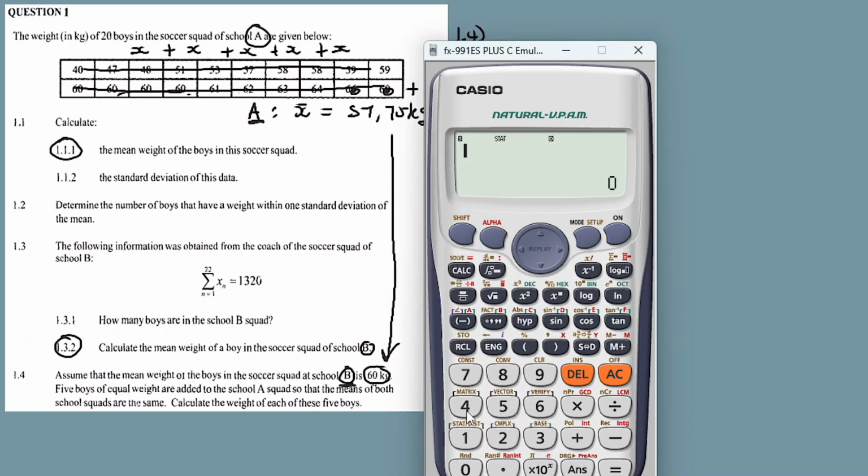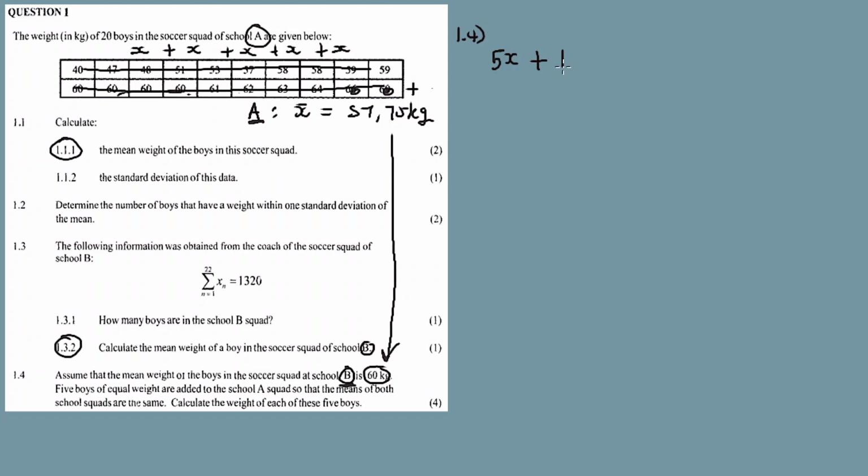Shift, stat, go to sum, not variance, sum 3, number 2, the sum of x, which is equal to 1155. Then divide by 25, since we add 5 more boys, so it's 20 plus 5. The new mean will be equal to 60.